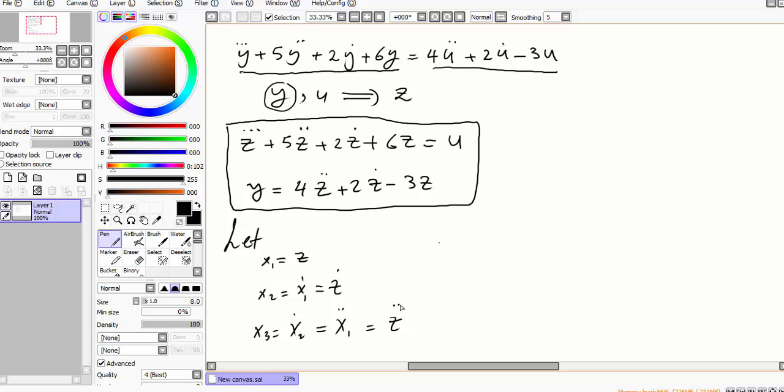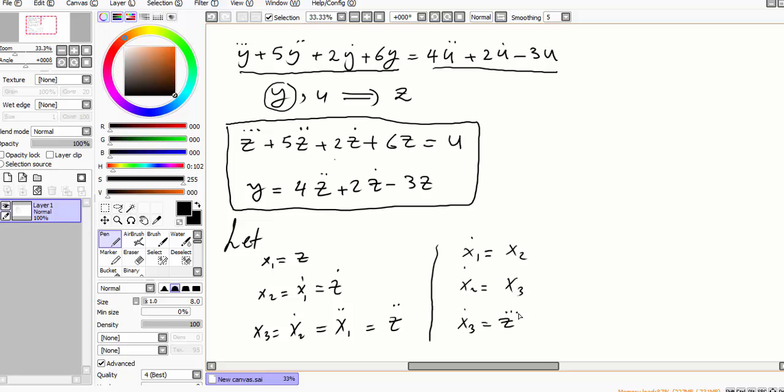So what else do we have here? We have x1 dot equal to x2, and x2 dot will equal to x3, and x3 dot will equal to z triple dot, and we get this z triple dot from this equation.